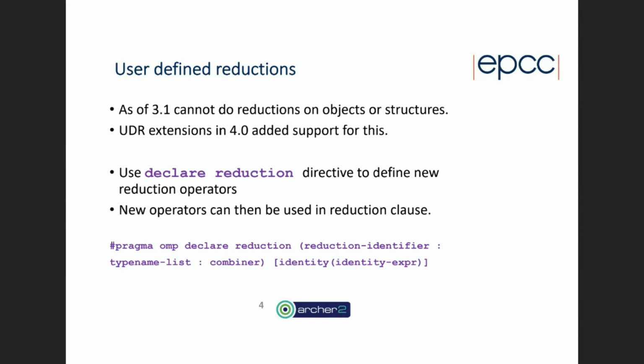So what this looks like is a declare reduction directive. You have to specify several things. You have to have the reduction identifier, which is the name or the symbol that you're going to use in the reduction clause, a list of types, and then a piece of code that specifies how to combine two things of those types together to form the reduction.